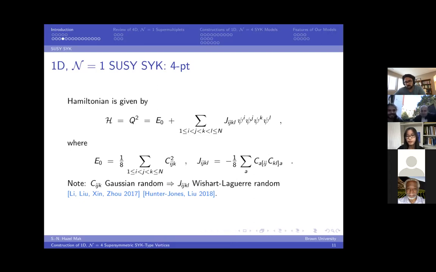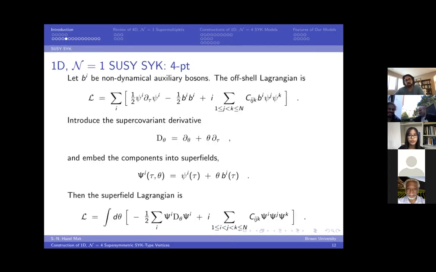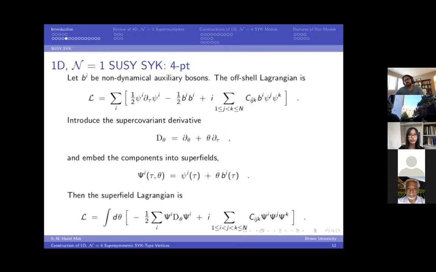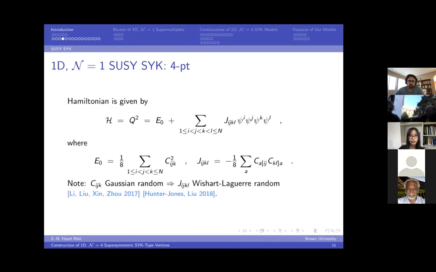Right, but we introduced this supercharge to introduce some supersymmetry, because if you just look at these two sides, you don't see any bosons appearing here at all. But we can actually introduce auxiliary bosons and construct an offshore Lagrangian, which when you go onshore and throw out the kinetic terms, you will get this Hamiltonian.